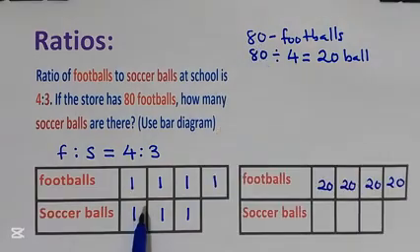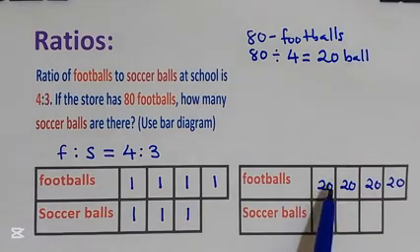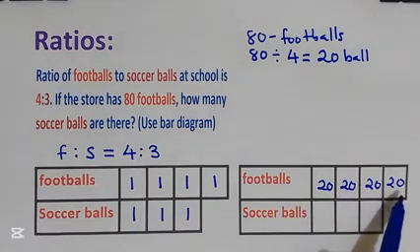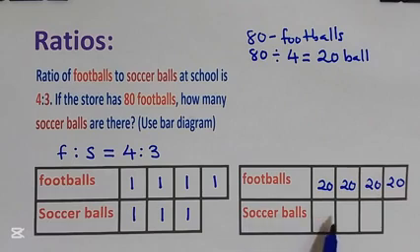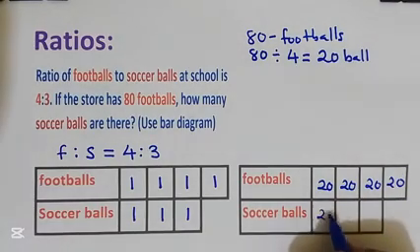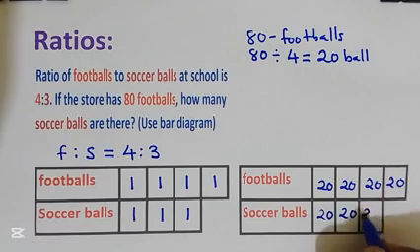As we saw in the first bar diagram, the ratio gives us 1 ball for each box. So for the second bar diagram, already we have 20 in each box. So the soccer balls also are going to take 20 in each box. So this gives us 20 in the first box, 20 in the second box, and 20 in the third box.